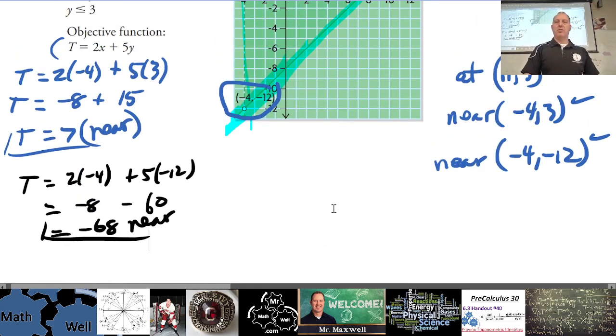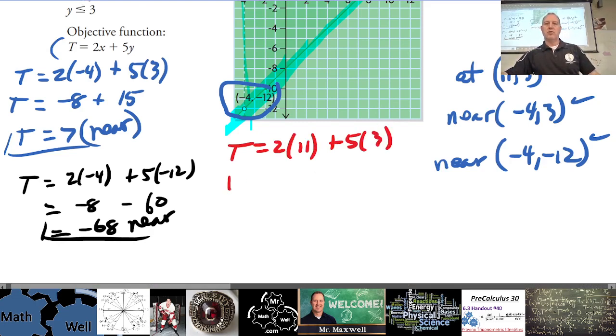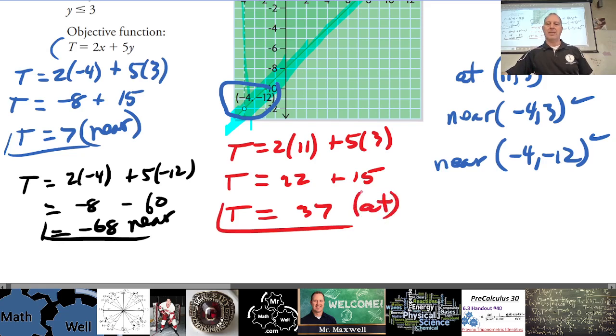And finally, let's do (11, 3). So it's 2 times 11 plus 5 times 3. And these are both positive numbers, so that's going to be pretty good. That's obviously going to be the largest one. So that's going to be 37, it looks like. So this would be at that value of 37, right?